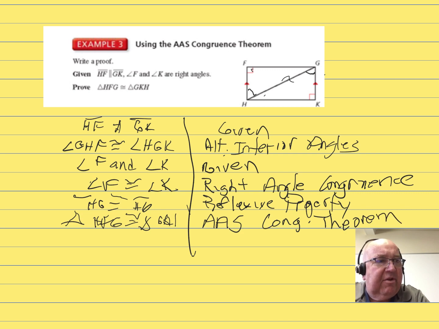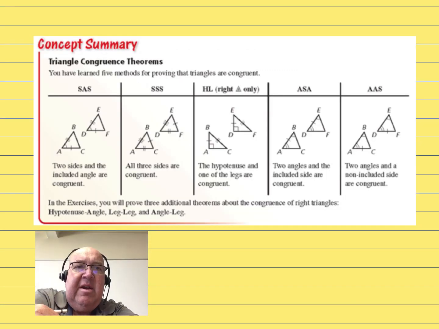So let's just review different things we can use. If we have two sides and the included angle being congruent, that's called side angle side. If all three sides are congruent, that's side side side.